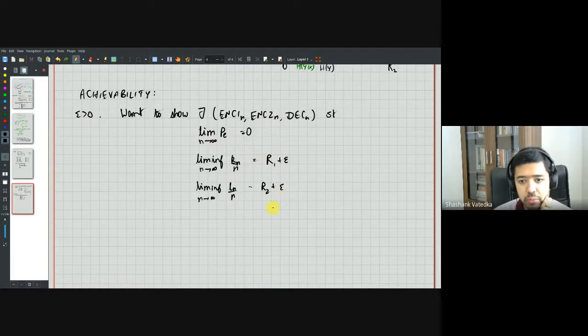It's actually possible to construct encoders and decoders where encoder 1 is a map from, let's say, xn to 0, 1 to the kn. So it takes n symbols and outputs a sequence of kn bits. This kn is a function of n and the joint distribution, it's fixed beforehand, but not dependent on the realization of xn.